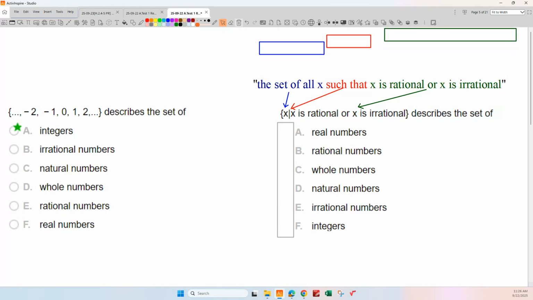X is rational or x is irrational. Well, which number set best describes that? The set of all x such that x is rational or irrational. Contains both. What's the only answer here that makes sense for us? What's the only set that contains all the rationals and the irrationals?